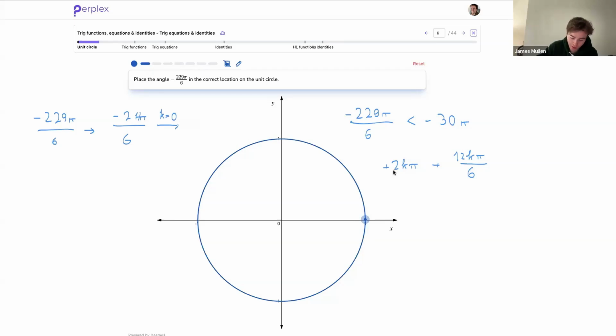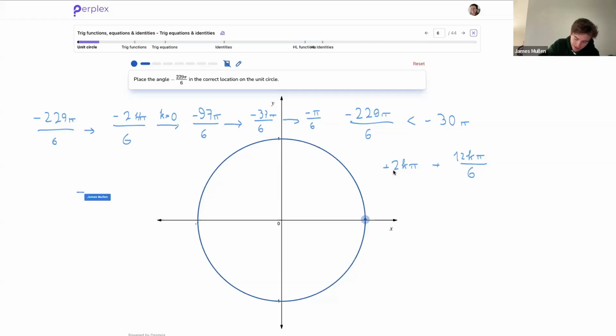So if I add 120 pi over 6, then I'm going to have negative 109 pi over 6. So I'm still not there. If I add another 60 pi over 6, because that's a multiple of 12, that brings me to negative 37 pi over 6. And now I'm going to add another 36 pi over 6, and that's going to bring me to negative pi over 6.